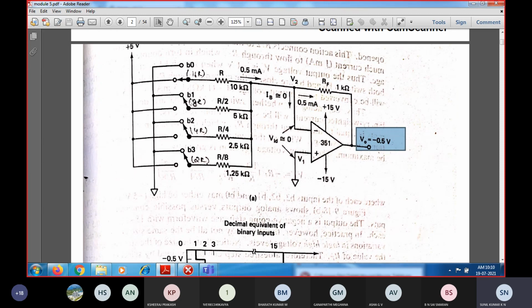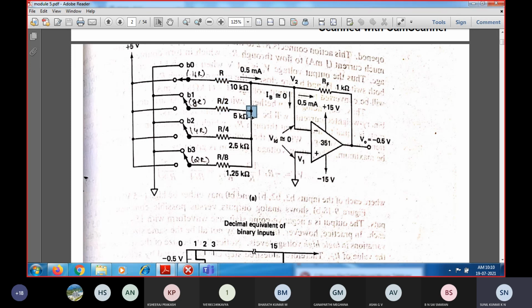Now similarly, for the second bit position B1, we have scaled down the resistor by R by 2. So whenever it is connected to plus 5 volts, the current flowing in this arm will be greater than in the previous one. Because the resistance is scaled by 2, it is less, whereas the voltage is constant, so the current is double that flowing over here.